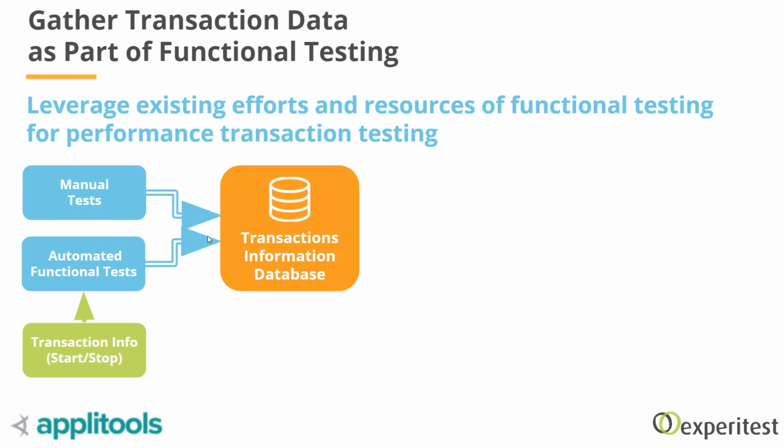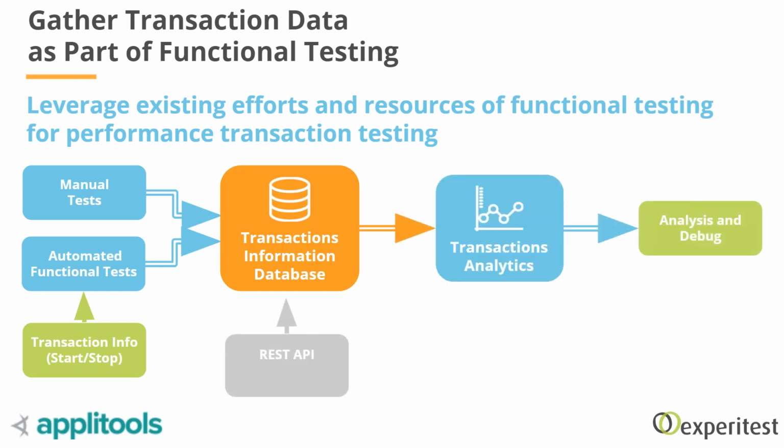Those transactions are added into a huge repository of all of my transactions, and I will show that in the demo. Then I have a REST API that enables me to query that and fail my pipeline if I have a regression in one of my transactions. And I also have analytics and a way to debug my test.